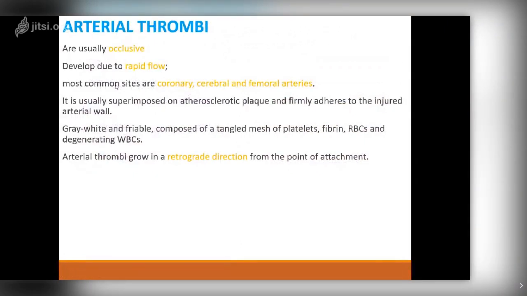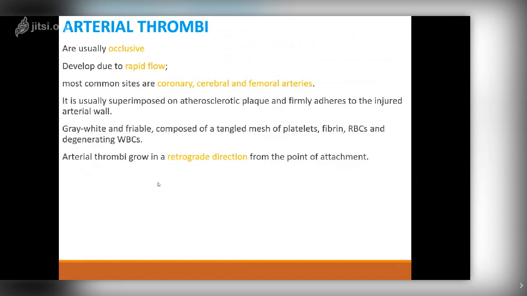Arterial thrombi. Usually these thrombi are occlusive. They develop due to rapid blood flow. They are most dangerous and most commonly localized, causing clinical effects, in coronary, cerebral, and femoral arteries. Usually, they are a consequence of superimposing of fibrin, RBCs and platelets on atherosclerotic plaques, and usually they are gray, white, and friable, containing, as I told you already, platelets, fibrin, RBCs, and degenerated white blood cells.